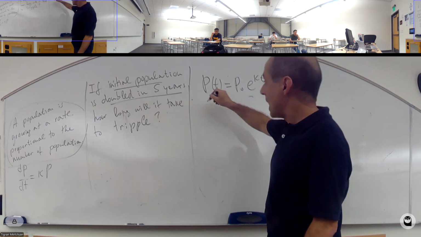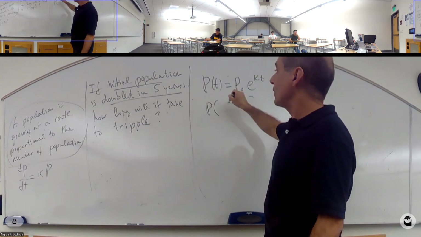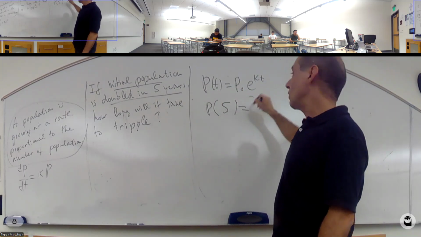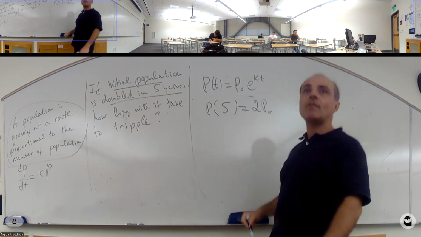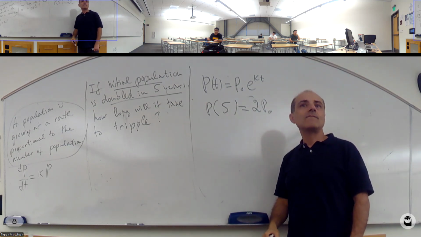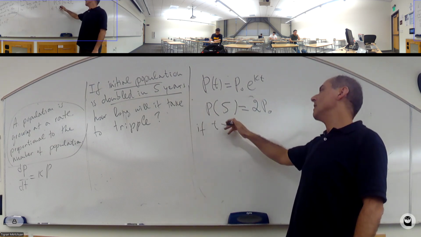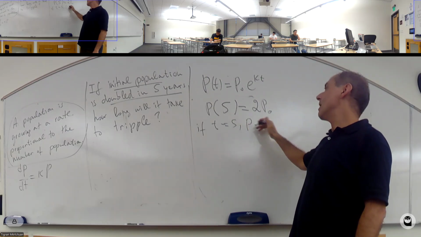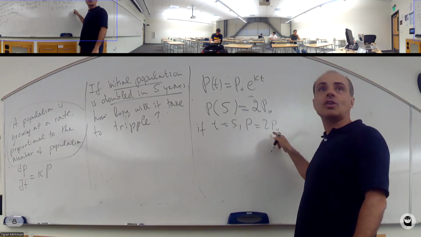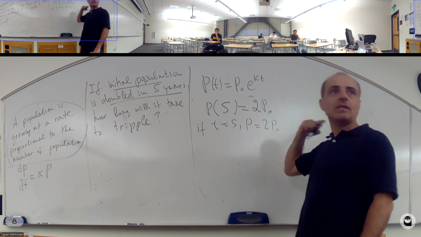It means the population number after 5 years equals double the initial. Do you agree with that? So if t is 5, the population number is double the initial. That's what it means, right?